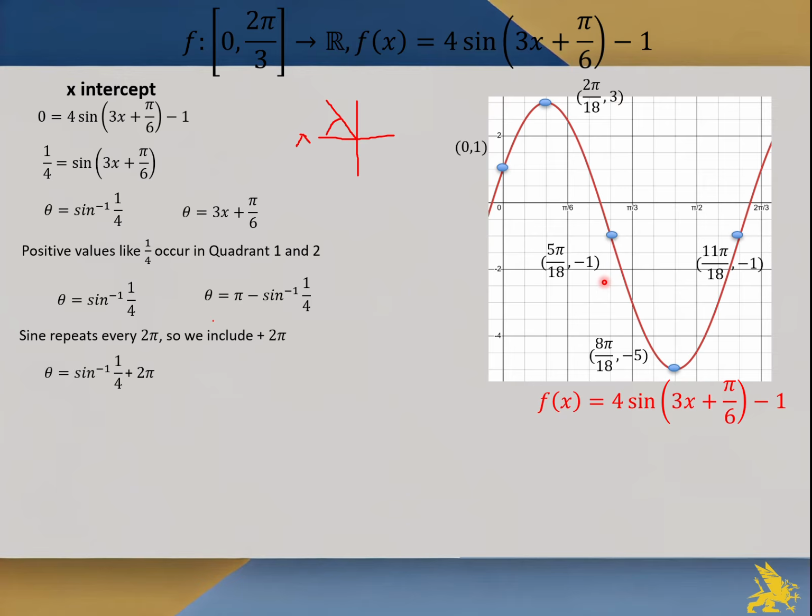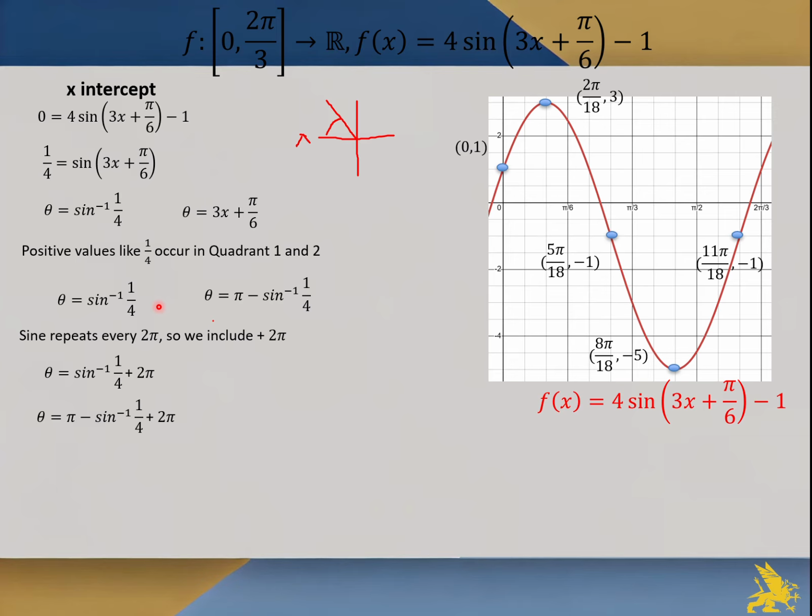So I could say theta equals the inverse of sine 1 over 4 plus 2 pi, and I could also do it as pi take away the inverse of sine 1 over 4 plus 2 pi. Again, I could put an n here, which I will do in the next step, just so you can see. Then we're just going to substitute our theta back in.